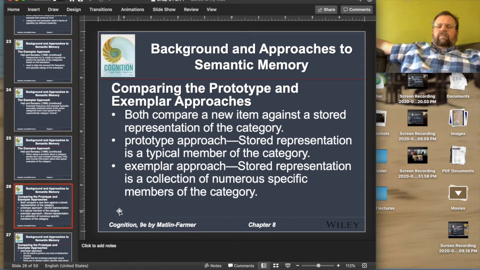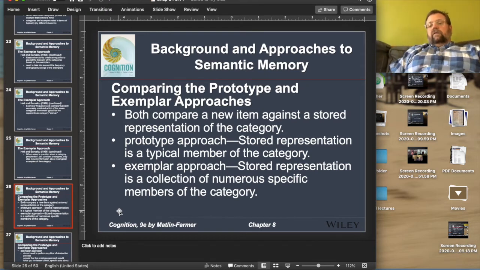In the exemplar approach, the stored representation is a collection of numerous specific members of a particular category. So here again, the prototype is more idealized, whereas the exemplar is more of the collection of very similar specific members of that category that most exemplify what it is that you're actually looking at.